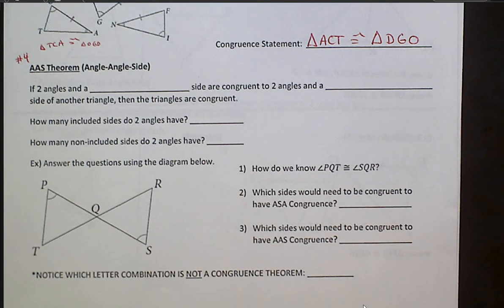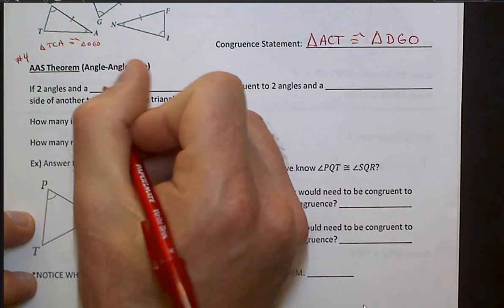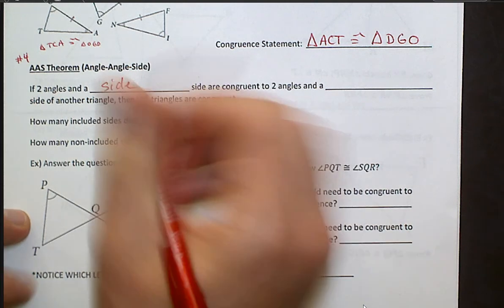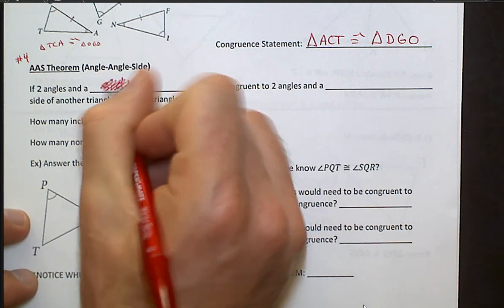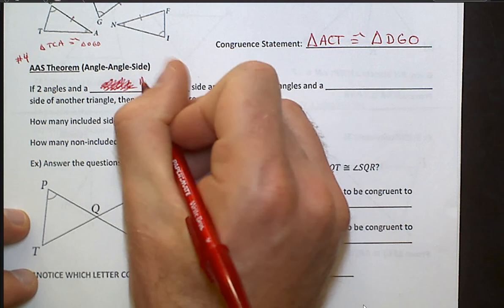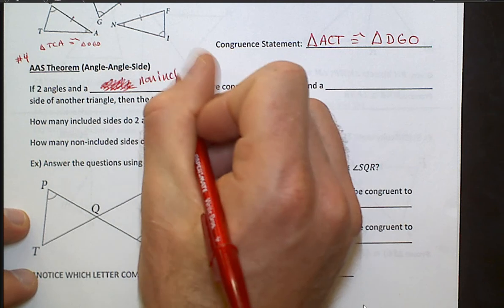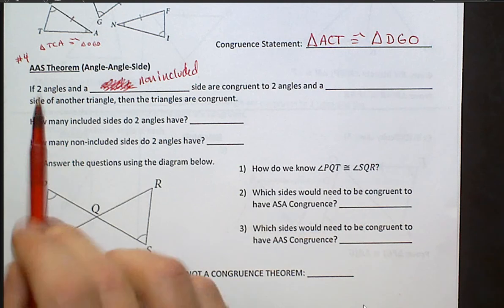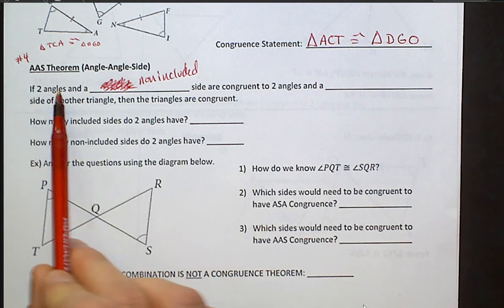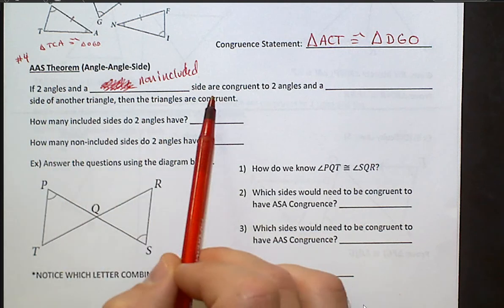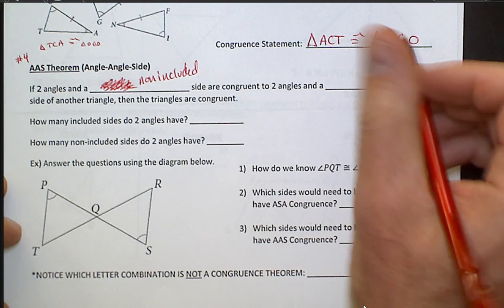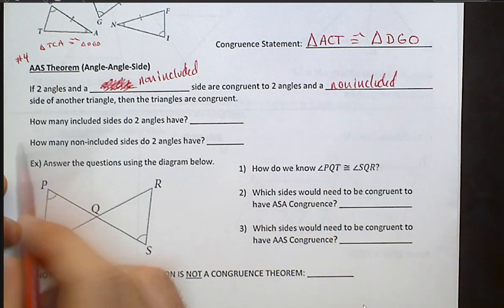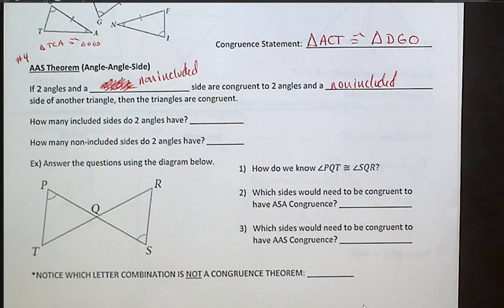And it says if 2 angles and a side, oops, sorry, this is supposed to be non-included side. And let me kind of refresh this. If 2 angles and a non-included side are congruent to 2 angles and a non-included side of another triangle, then the triangles are congruent.